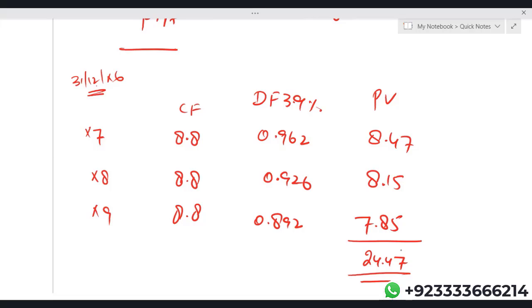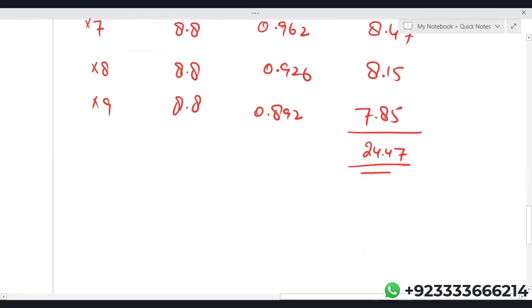Now we are not expecting to get 8.8, we are expecting to get 10 million every year. 10, 10, 10.